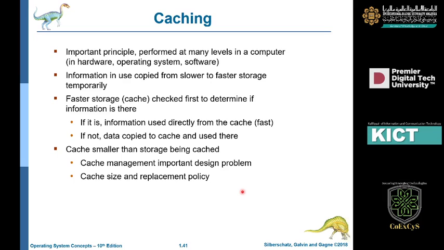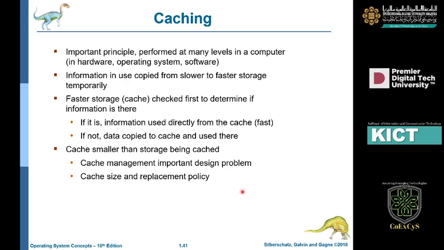Now, this happens in many levels, and this is to allow us faster access to certain information and data, right? Cache management is important, and there are many designs of it in order to have faster access.